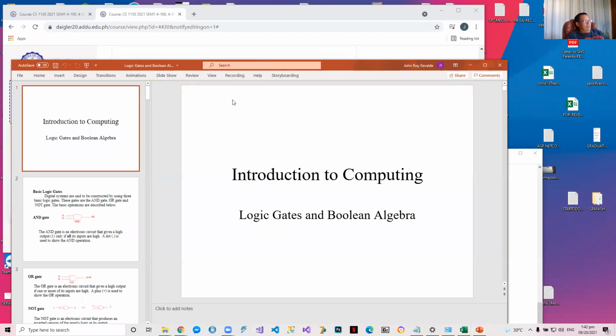So, logic gates and Boolean algebra. What are logic gates? Logic gates are electronic components that are used to build the basic unit of a computer, like ALUs. CPUs are built using logic gates. What's Boolean algebra?